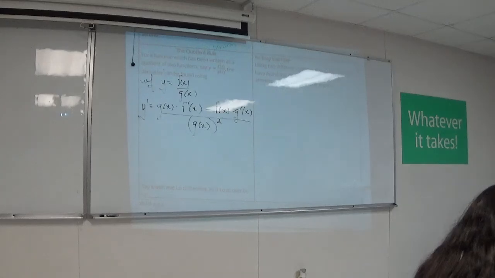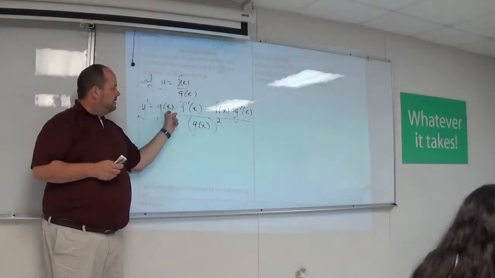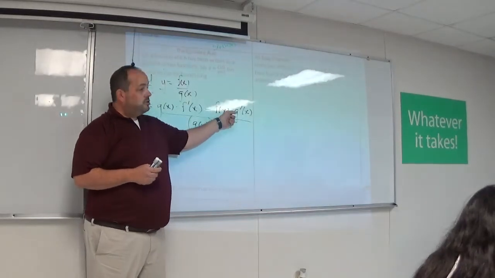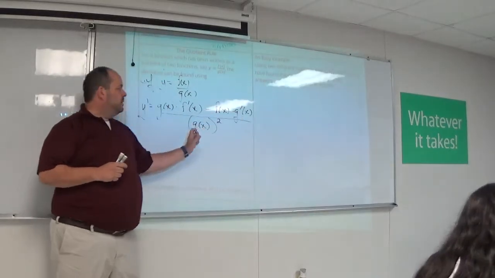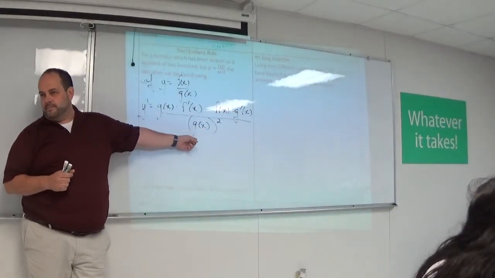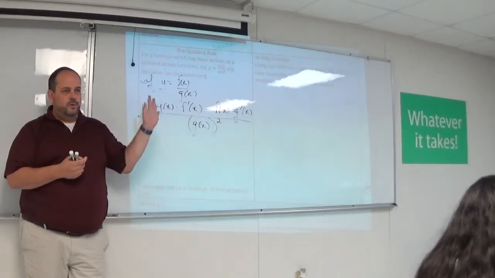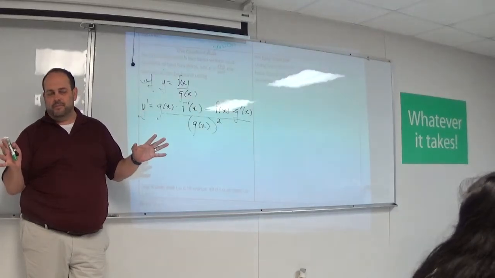This is the quotient rule. The denominator times the derivative of the numerator minus the numerator times the derivative of the denominator over the denominator squared. It just flows. No, this is not a proof, but this is the quotient rule.